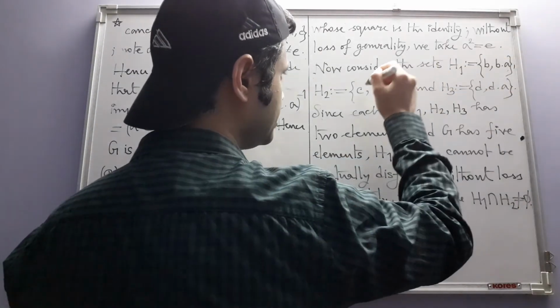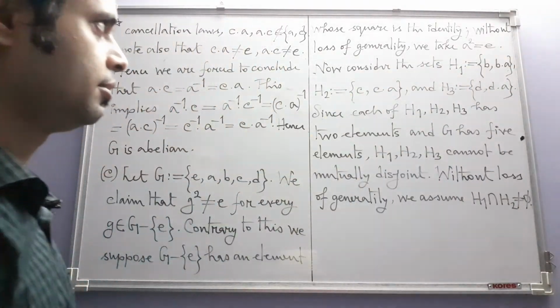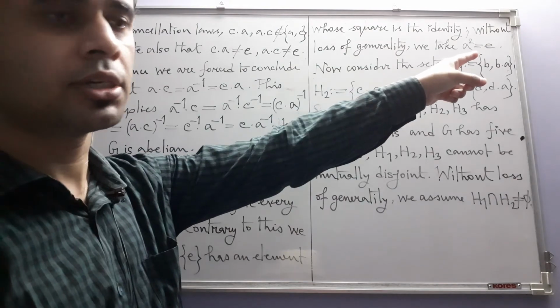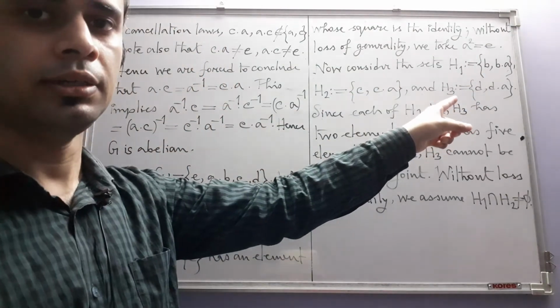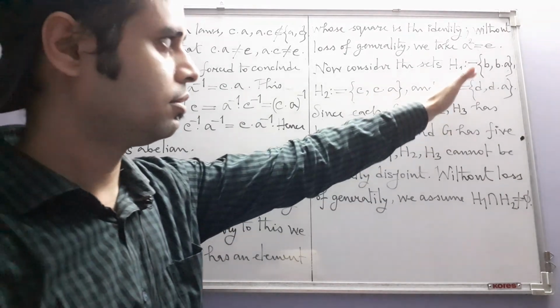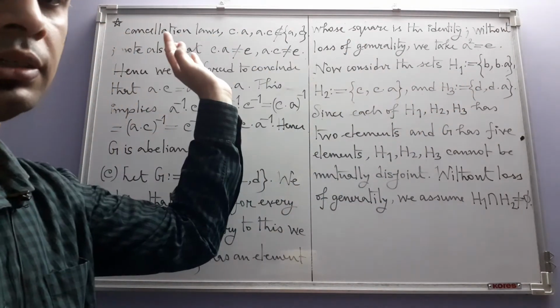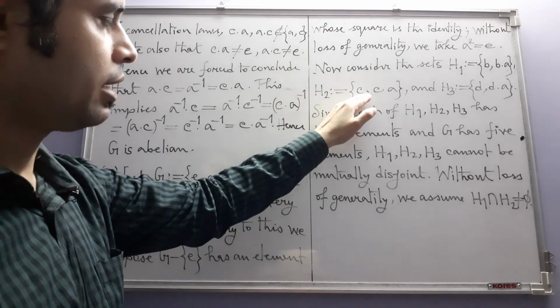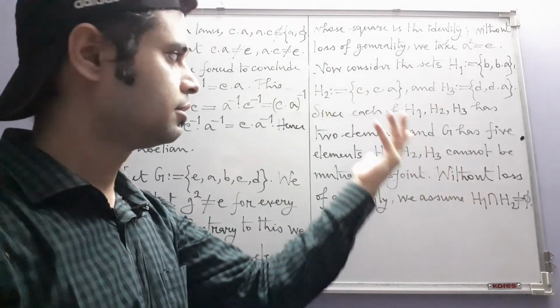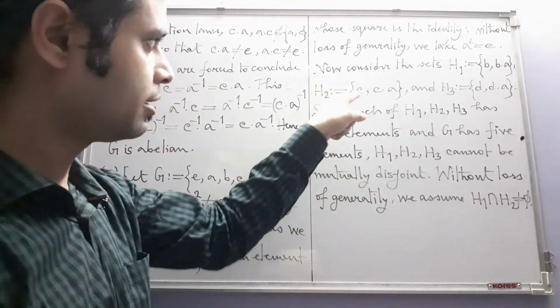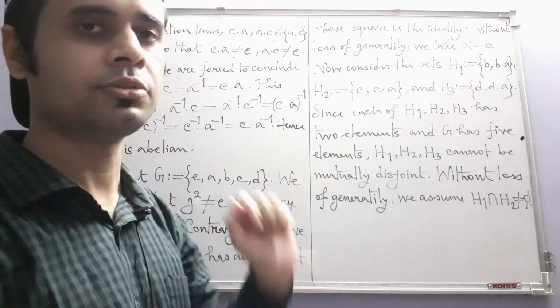We have B, C and D. We know that A square is equal to E, but we don't know anything about B, C and D other than the fact that they are all different from the identity. So as far as the fact goes that they are elements, they have the same status and the structure of the sets also look the same.